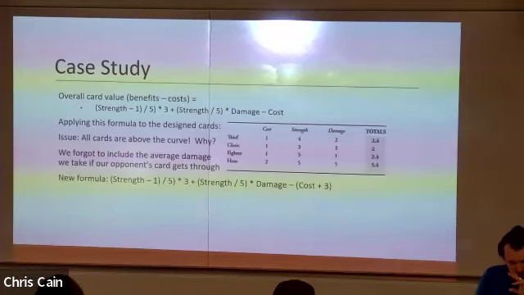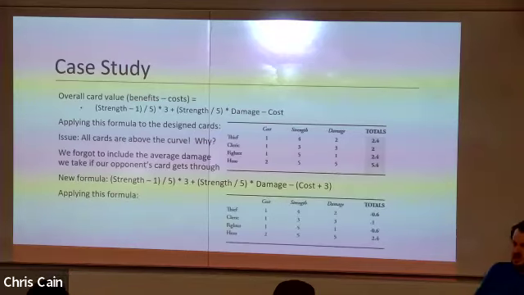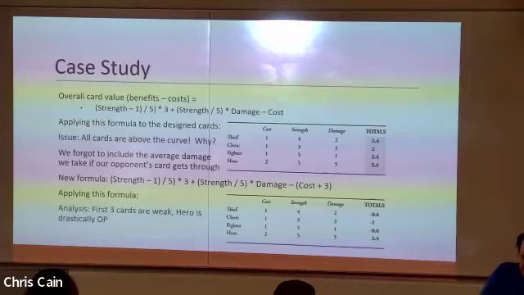If we incorporate that, we get this table. And now 0 is right on the curve. We can see that some cards are weaker than the curve, and 1 card is annoyingly significantly stronger than the curve. So the first 3 cards are weak and the hero is drastically OP.